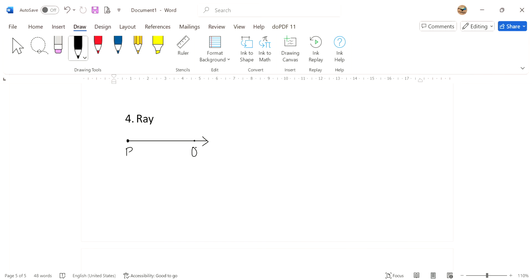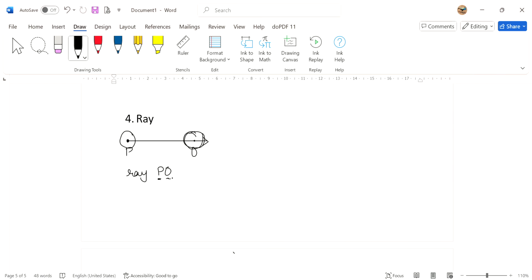Now you can call it ray PO. Remember, the definite point, the point where you're starting the ray, is going to be the first point. And the point where you're ending your ray, or where the end is not definite, will be the second point when writing the name of the ray.